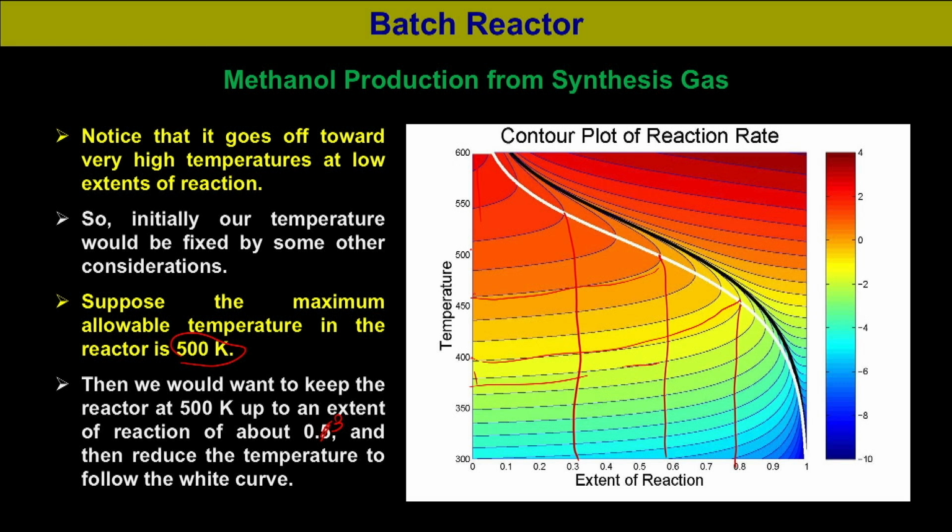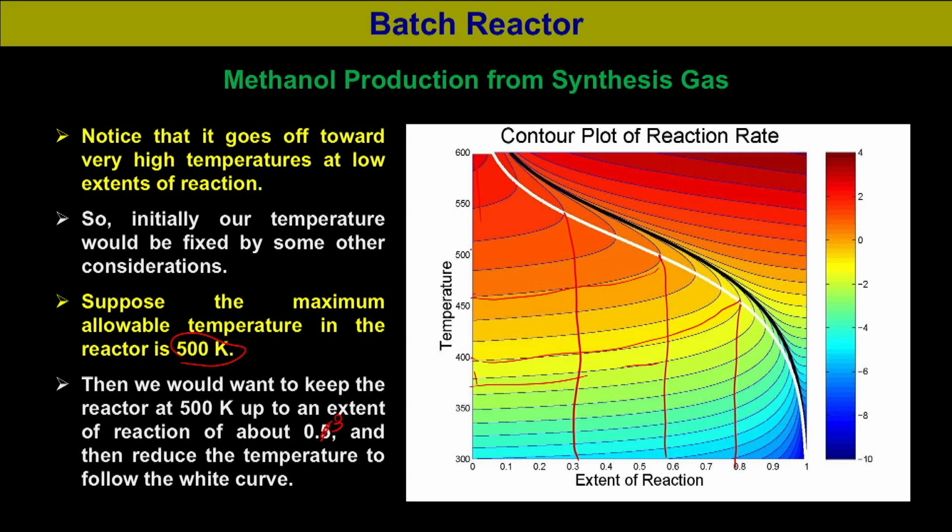Now, if we keep on running the experiments further at this temperature, the equilibrium conversion will decrease, the rate will decrease, as well as the conversion will decrease, because it will reach the equilibrium. So, we want to keep the reactor at 500 Kelvin up to an extent of reaction of about 0.5 or so.